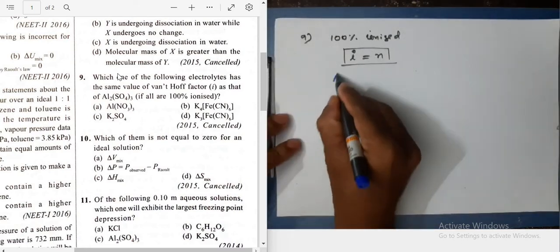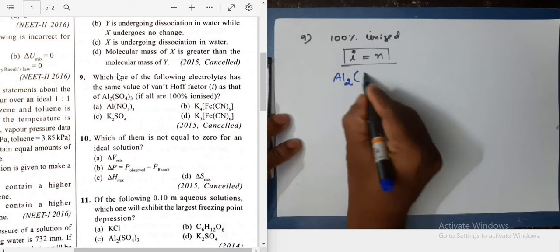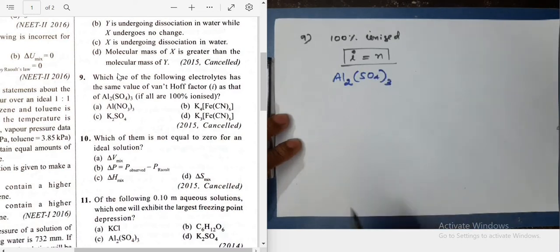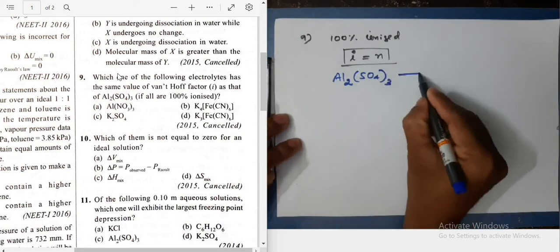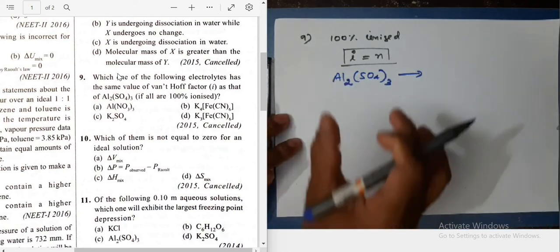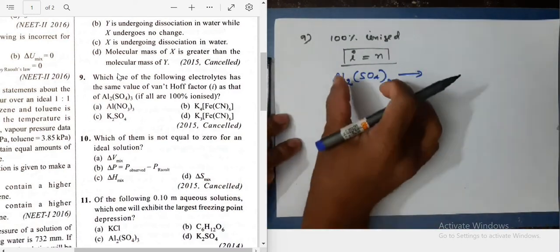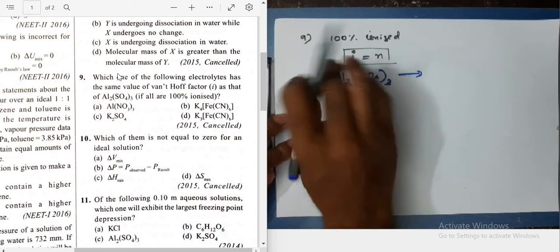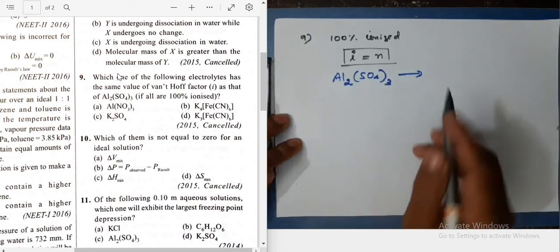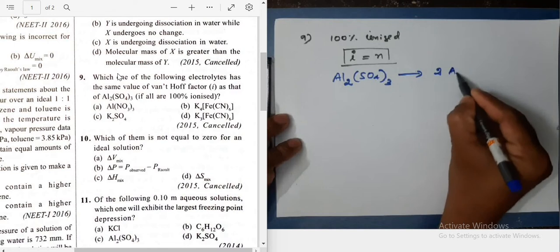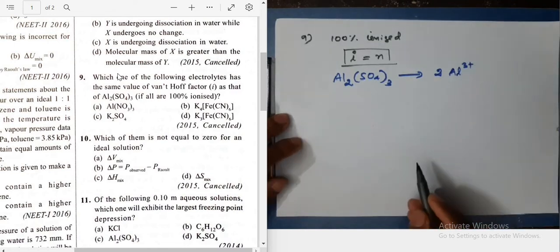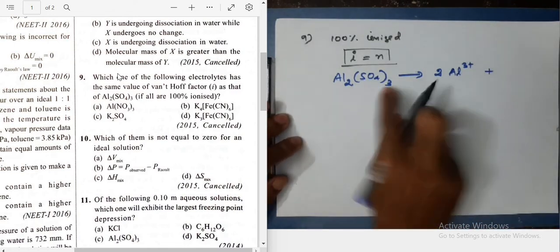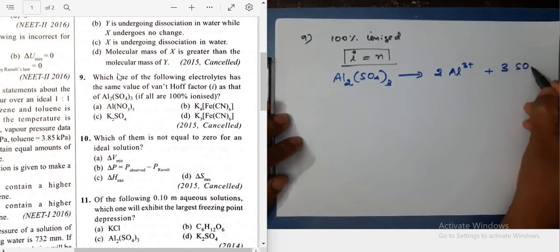Aluminium sulphate, Al2(SO4)3. If aluminium sulphate undergoes complete dissociation, assume that I am taking one molecule. If one molecule ionizes, I'll get 2 aluminium ions, Al3+, and we'll get 3 sulphate ions, SO4 2-.